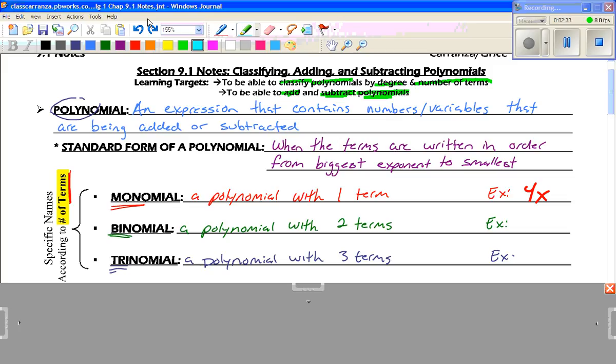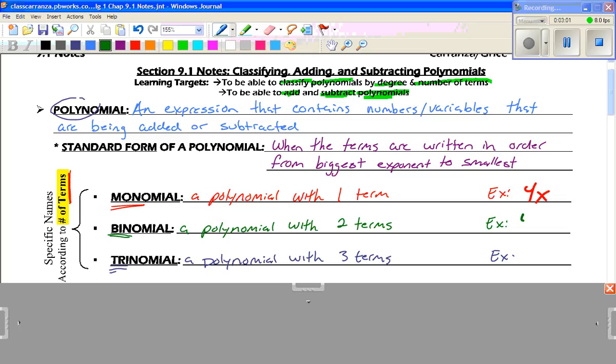So monomial, one term. Now say, hey, what's an example of a binomial? Well, Mr. Grice, if you just add an x. Well, good idea, except 4x plus x, you can simplify that to 5x, and that's a monomial, so that is not a good example.